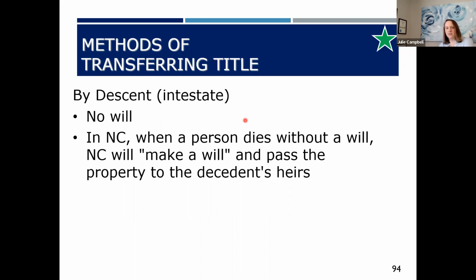So I think that's a good side-by-side comparison for you guys. Escheat, no will, no heirs. Descent, no will, but you do have heirs that they found.